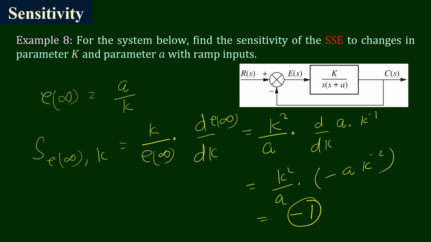This means that whenever we increase K, E infinity decreases, but the absolute value is again 1. So changing the value of K or the value of A will not reduce the sensitivity of the steady state error in the loop. These two parameters cannot reduce the sensitivity of the closed loop in the sense of the steady state error.